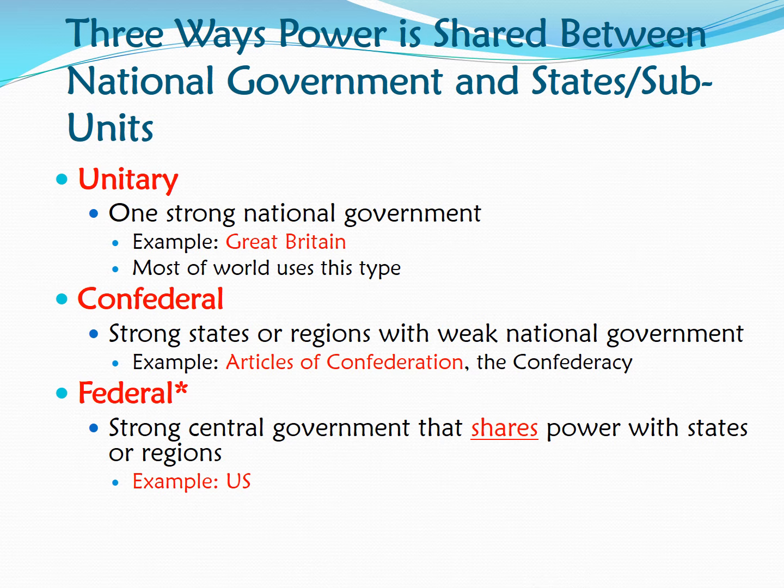They come together for a particular purpose and allow for a weak national government to be there solely to carry out this one purpose or limited set of purposes.